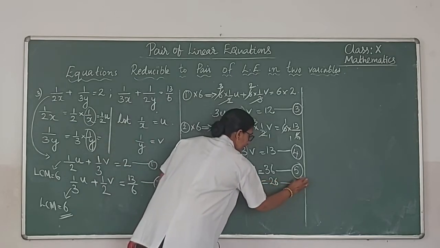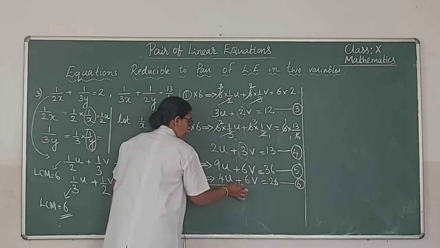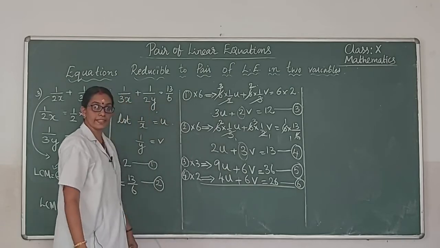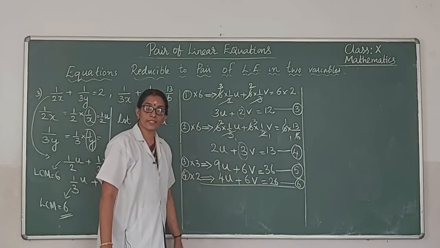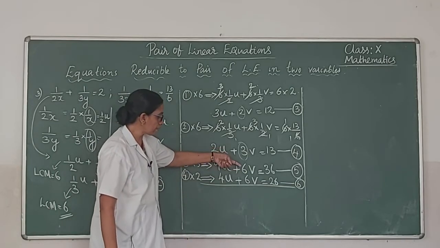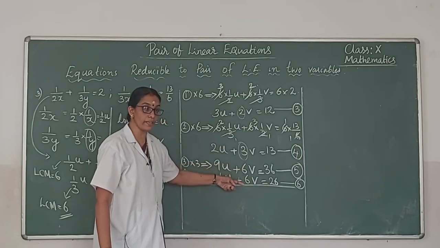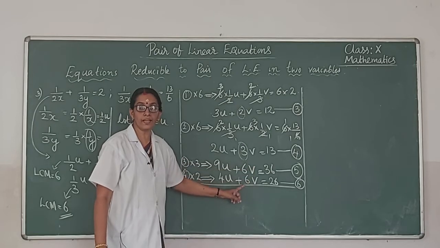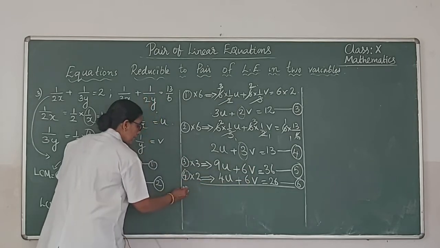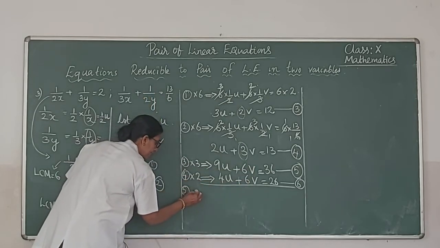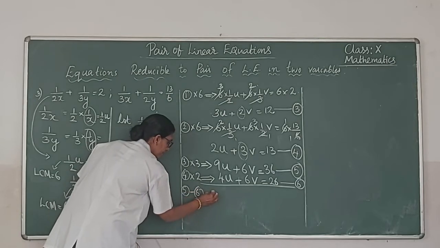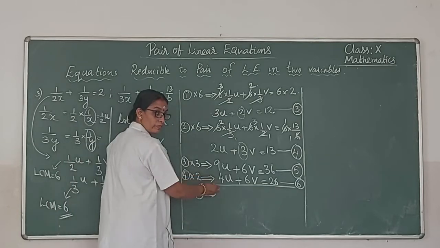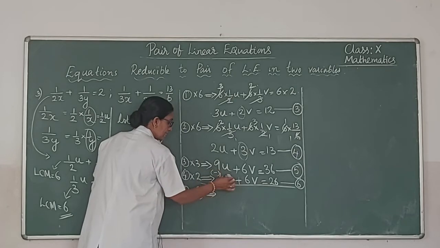Equation 6. Now what do we have to do to eliminate the term, addition or subtraction? We have the same sign. If we have the same sign, we have to subtract. Then only this term will eliminate. So equation 5 minus equation 6 gives, for subtraction we have to change the sign.